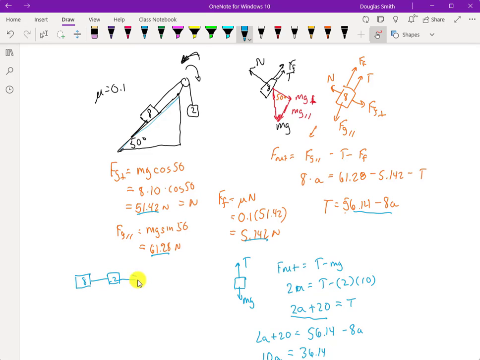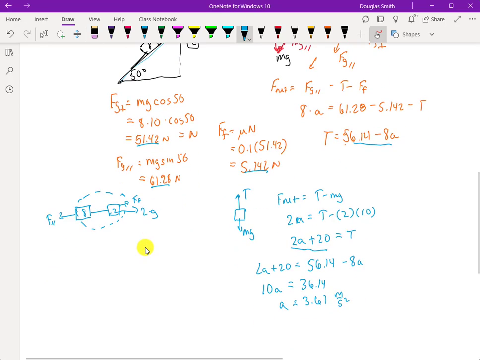There's the 2. There's 2 times g here. There's F parallel there. And then there's also a little bit of force of friction there. The tension is internal to the thing. It's what's holding it all together. It doesn't really matter for this calculation.